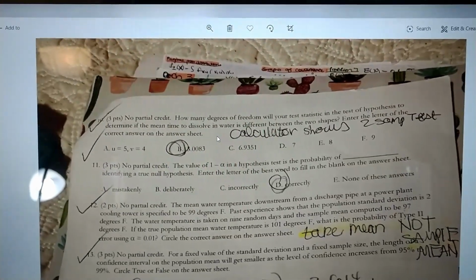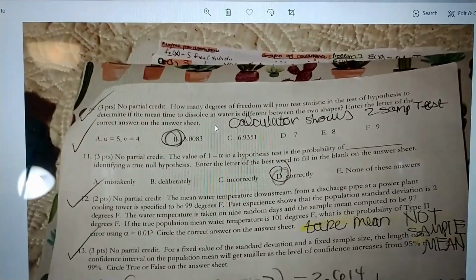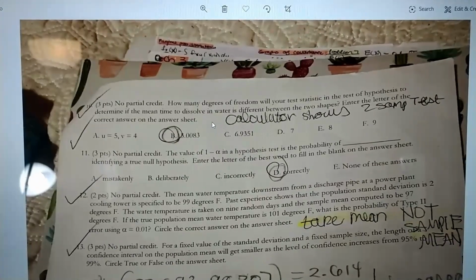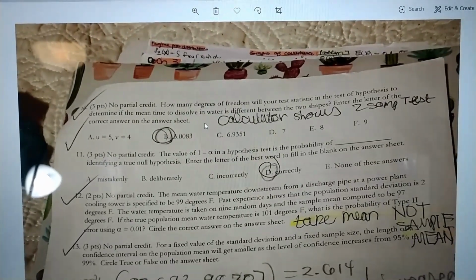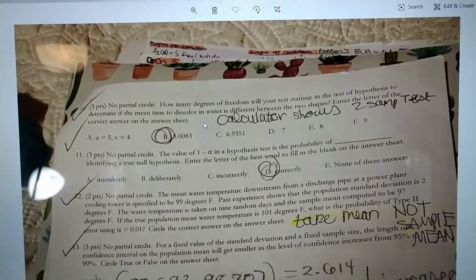Okay, so this question 10 is a follow-up to question 9. It says, how many degrees of freedom will your test statistic have in the test of hypothesis to determine if the mean time to dissolve in water is different between the two shapes?